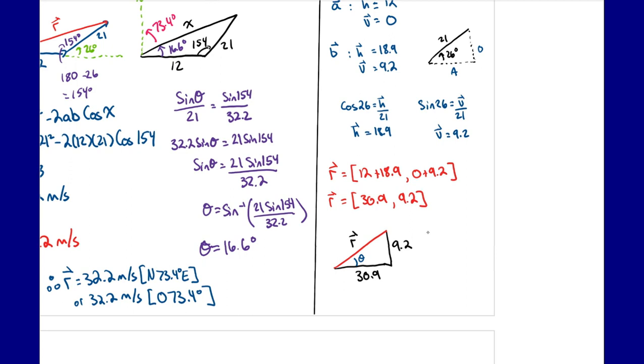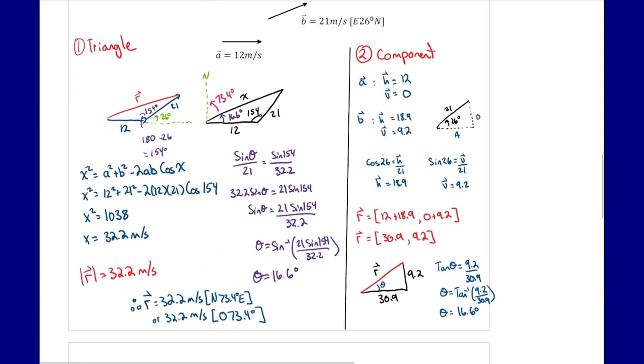So again, I have my opposite and adjacent, so tan theta is equal to opposite over adjacent, 9.2 over 30.9. Theta is equal to tan negative 1 of 9.2 over 30.9. And I should get 16.6 degrees. So it gives me the same answer in the end.